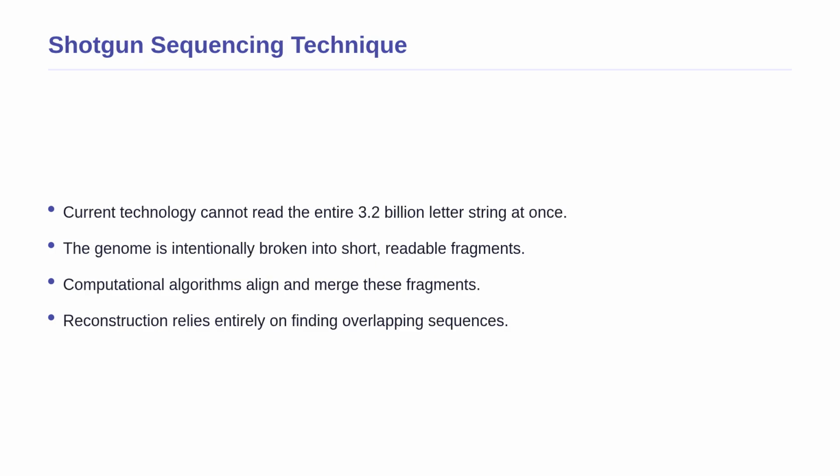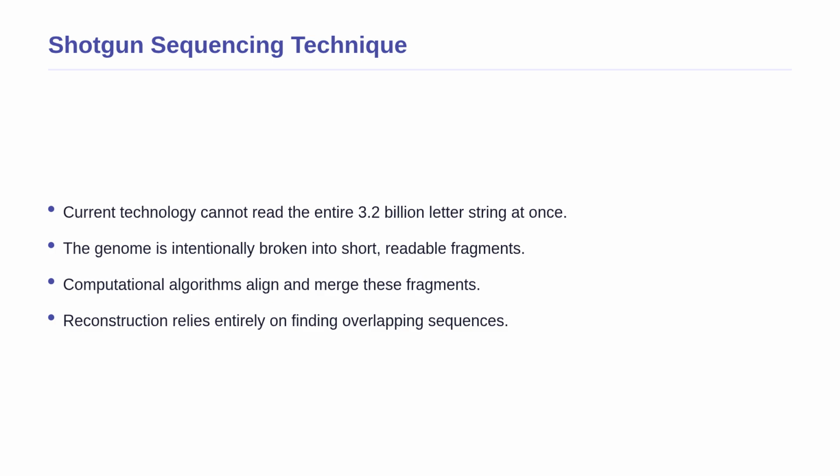Because this text string is so incredibly long, we face a major technological hurdle. Current technology simply cannot read this entire string at once, from end to end. To solve this, we use a clever technique called shotgun sequencing. This method intentionally breaks the genome into short, readable fragments that a sequencing machine can easily process.